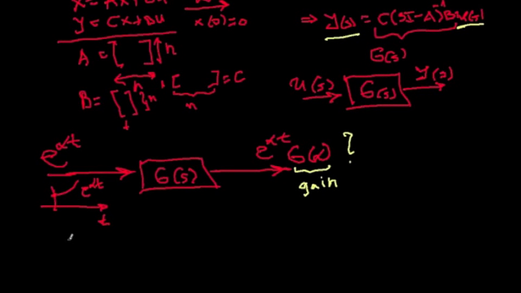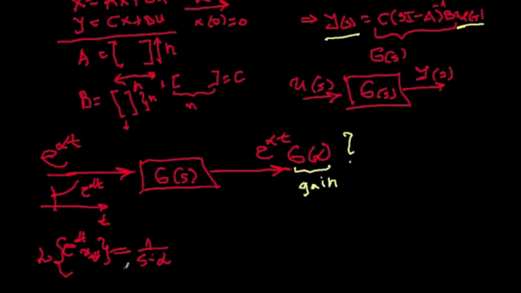So if we have e to the alpha t, which multiplies u minus 1 of t, which is a step input, we take the Laplace transform of this expression, and we already learned that the Laplace transform of this expression is going to be 1 over s minus alpha.